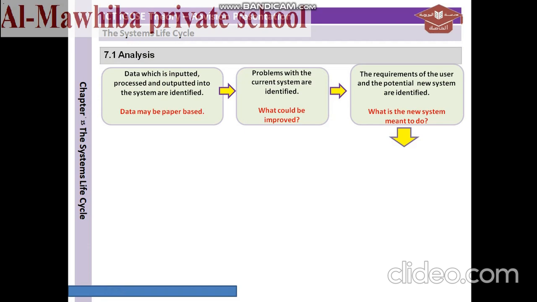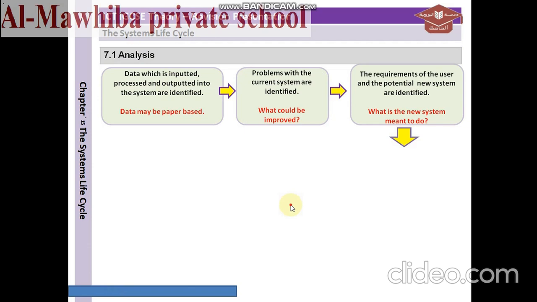Then the problems with the current system are identified. Then the requirements of the new users and the potential new system are identified. So during the analysis, we already have the current system, and that is called the old system. We need to add a lot of new features to the old system in order to develop a new system. Okay.